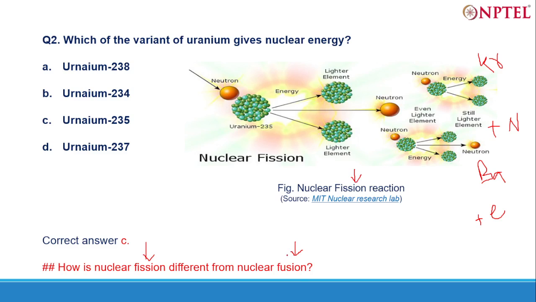In nuclear fusion, hydrogen atoms combine and form helium atoms. We can see nuclear fusion in the sun also. The sun is basically a ball of nuclear fusion. And in atomic bombs, we see nuclear fission. So the variant of uranium which gives nuclear energy is uranium 235.